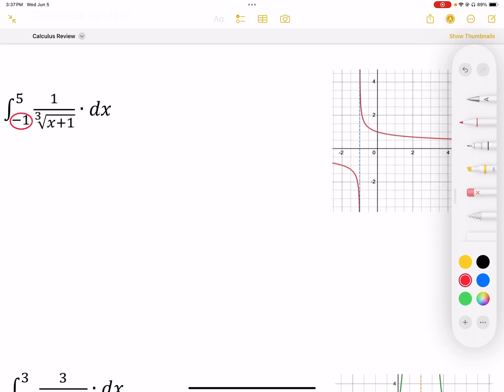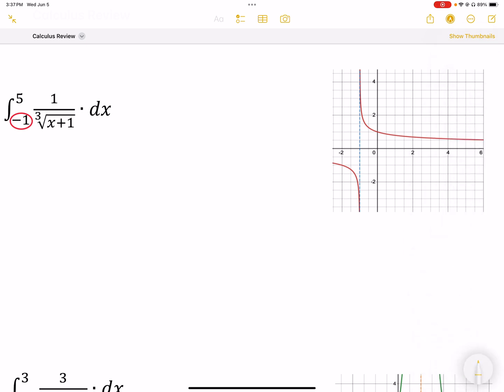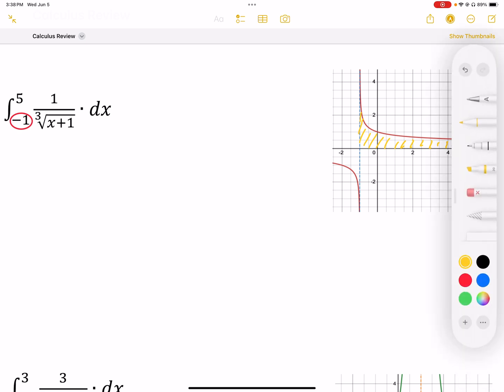From negative 1 to 5, that area that I'm going to look for, I'm going to take this area up to 5 here. And from negative 1, which is unbounded, this is the area that I'm going to calculate here. So I have to use a limit along that edge.